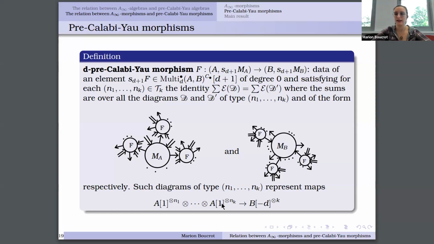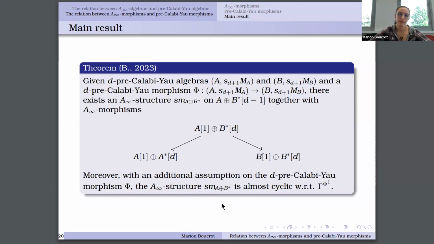So I will now state the main theorem that relates the infinity morphisms and the pre-Calabi-Yau morphisms. If we have pre-Calabi-Yau algebras A and B and a deep pre-Calabi-Yau morphism between them, then we can construct an infinity structure on A plus B star shifted by D minus 1, and also infinity morphisms from this infinity algebra to these two infinity algebras.